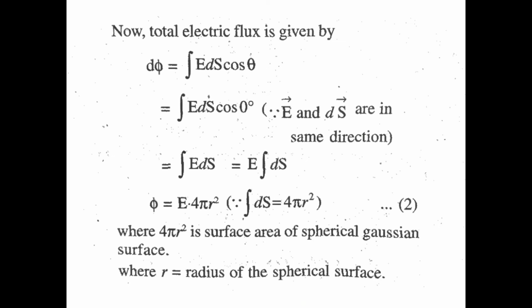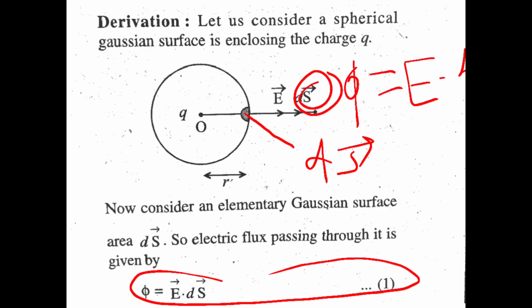Next, now the total electric flux is given by d phi is equal to integration of E into ds into cos theta. Here a dot product is present, so it becomes E ds cos theta.